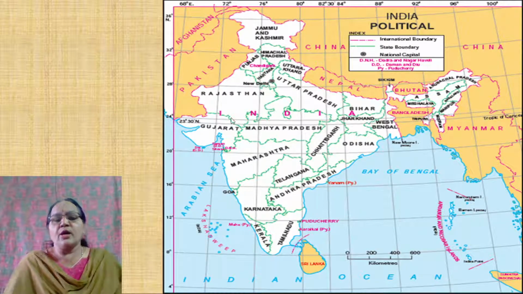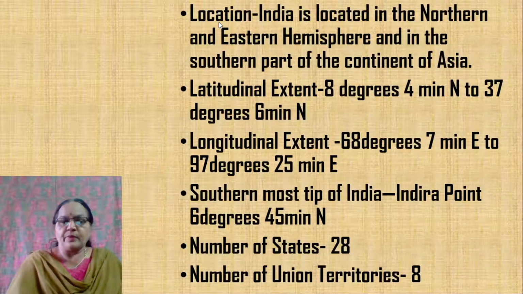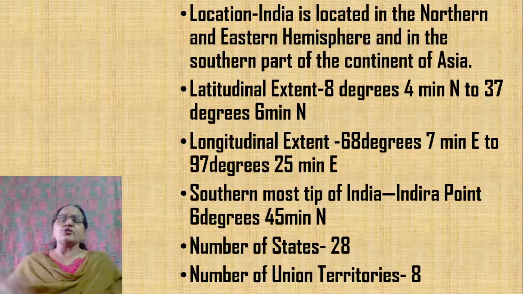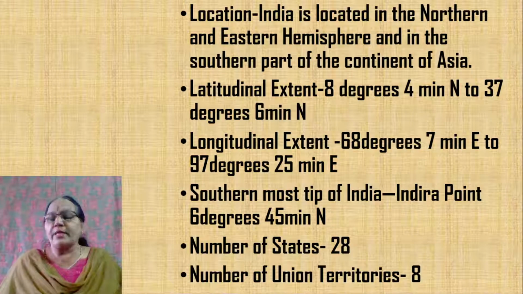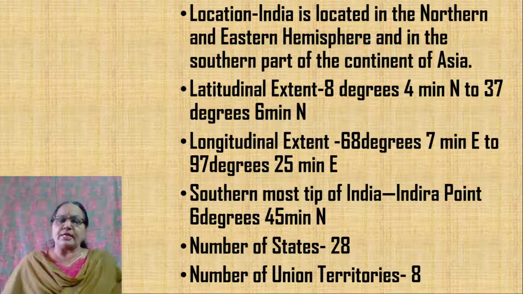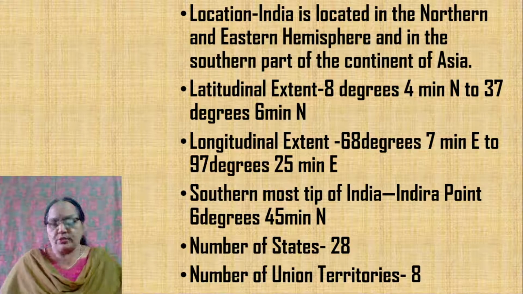Okay, now this is the latitudinal extent, 8 degrees 4 minutes north. Okay, there's a latitude here. Okay, then so latitudinal extent of India is 8 degrees 4 minutes north to 37 degrees 6 minutes north.